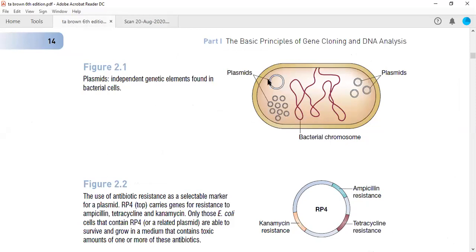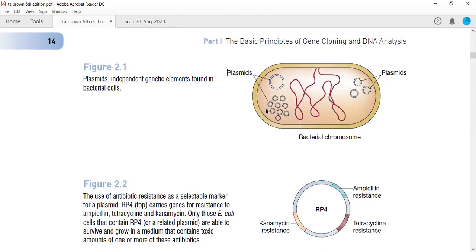Now this bacterium has the main chromosome, which lies in the nucleoid region, in which most of the chromosome, having the genes for metabolism and survival of that bacterium, is present. So this is the bacterial chromosome, and the region in which it is present is called the nucleoid region. As we know, in bacteria there is no limiting nuclear membrane, therefore the shape of the nucleoid is completely random and may vary from bacteria to bacteria.